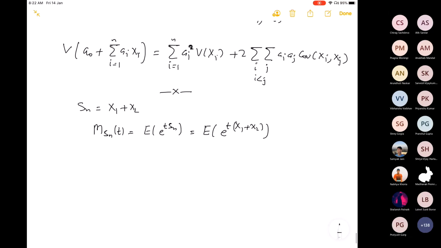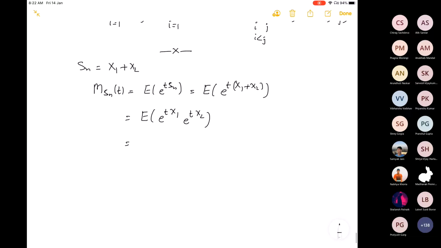So therefore this will be the expectation of e raised to power t x1 times e raised to power t x2. So let me take x1, x2 as continuous random variables. So e raised to power t x1, small x1, e raised to power t small x2, into the joint density.